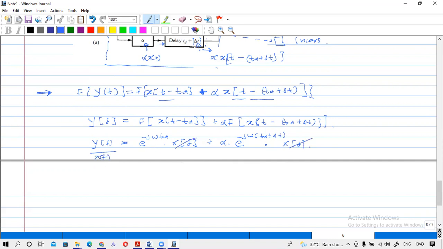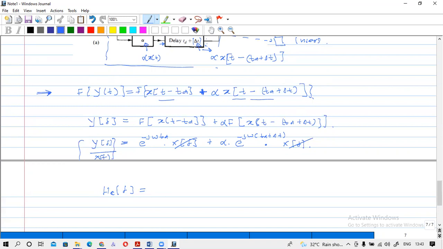If I divide this by X(f), the X(f) will cancel out. So what is this? This is our channel transfer function, so I will put it as Hc(f). Our channel transfer function is equal to e to the power minus j omega td plus alpha e to the power minus j omega (td plus delta t).